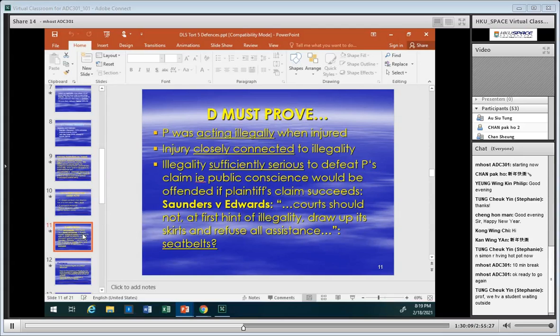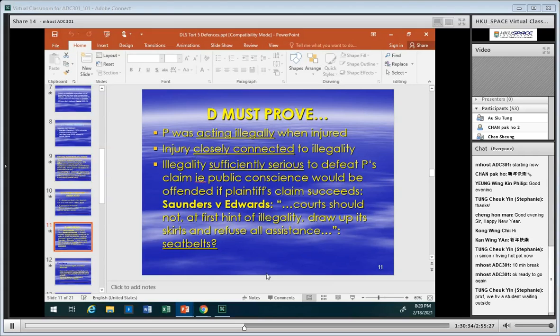And certainly it was sufficiently serious because, I mean, this was not just not wearing a seatbelt, it was actively encouraging somebody to break the law, to drive recklessly with the intention of deliberately frightening other road users, okay? So that's a very serious offence, certainly sufficient to ground a claim for ex turpi causa.